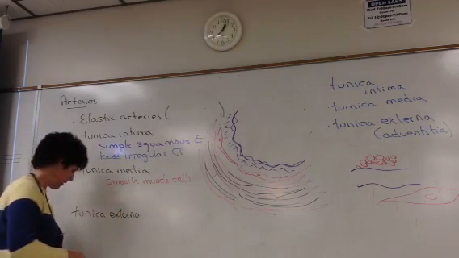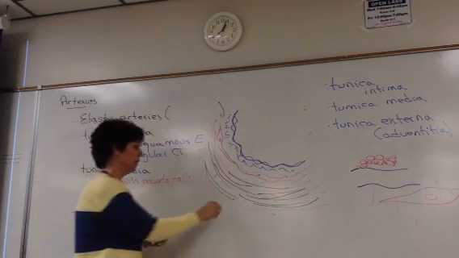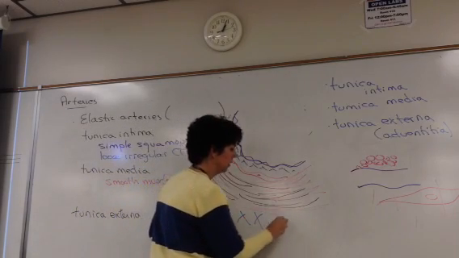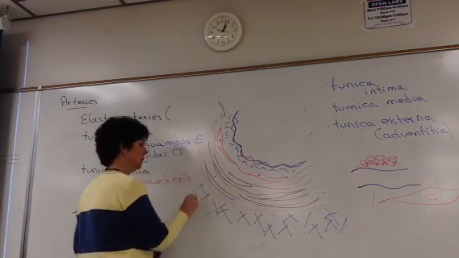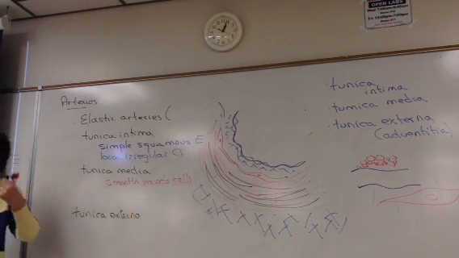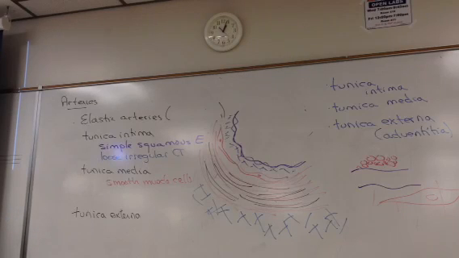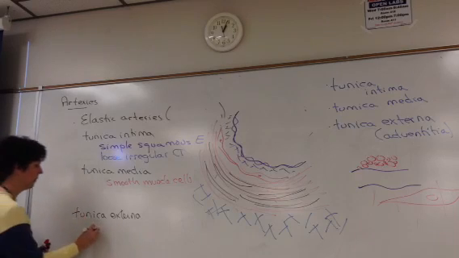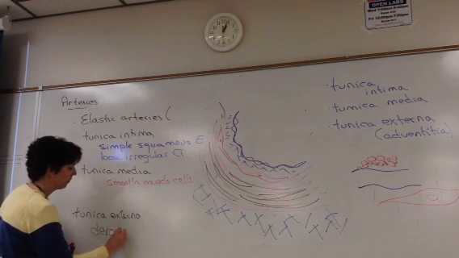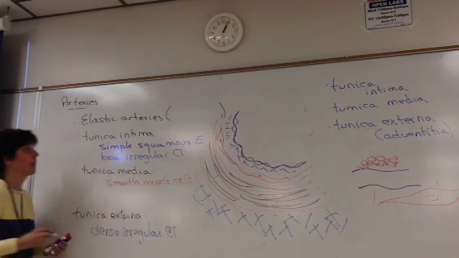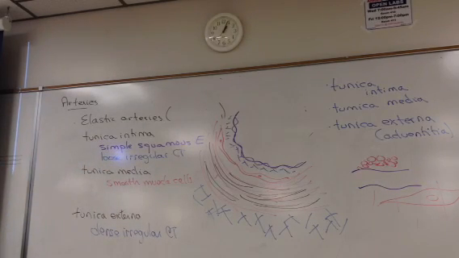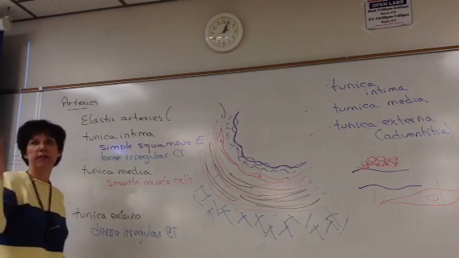Tunica externa in this large vessel is going to be dense, irregular connective tissue, forming a thin capsule that helps to hold everything in place and anchor the blood vessel in the muscle or along the chest wall, wherever it is. Helps to anchor blood vessels to its surrounding tissue.